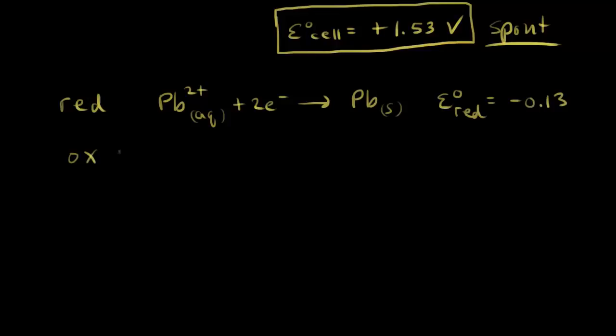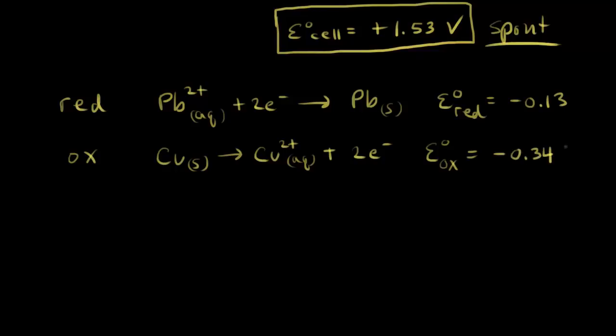And the oxidation half reaction was to oxidize solid copper. So copper turns into copper 2+, and we need to lose 2 electrons. We're oxidizing here, so we're losing electrons. And the standard oxidation potential for this half reaction, we just talked about above, is negative 0.34, because we're writing this as an oxidation half reaction.